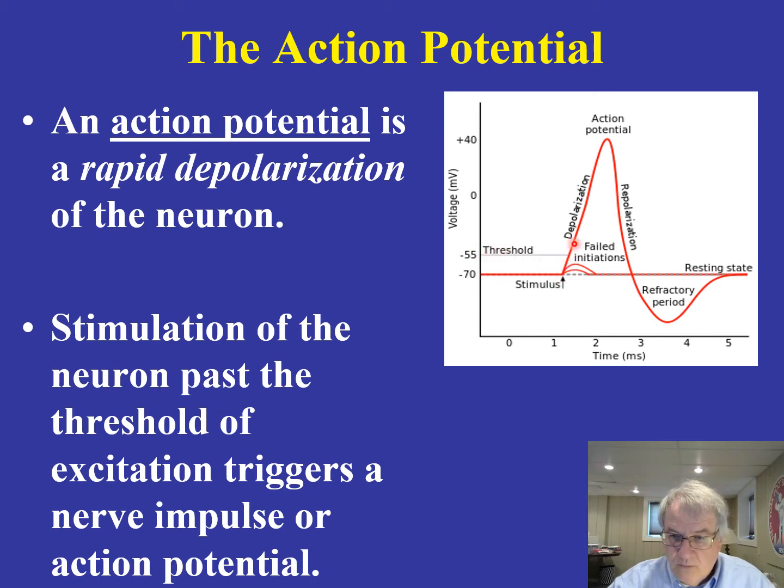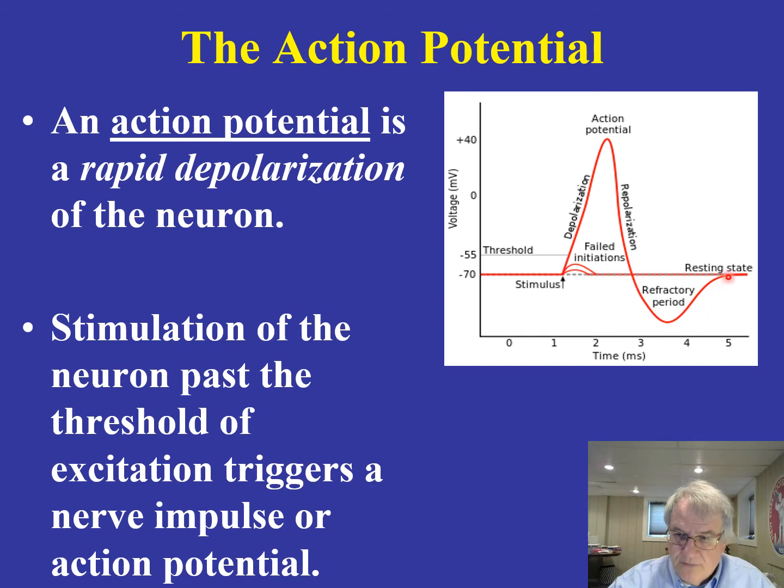Once we get over that minus 55 millivolt threshold, it's going to cause depolarization to occur. The action potential, the firing of the neuron. Then what you get is repolarization, again going down from this positive state to a more negative state.